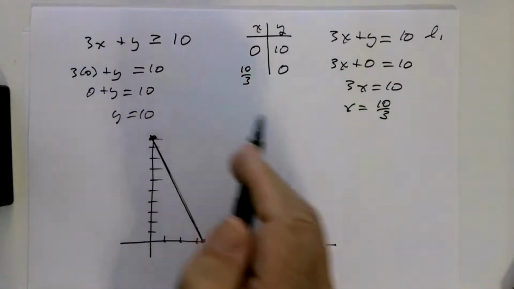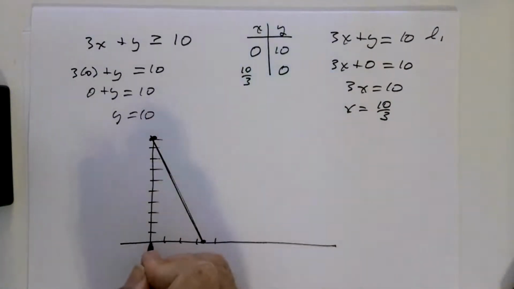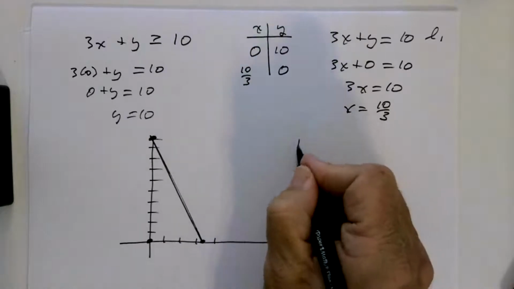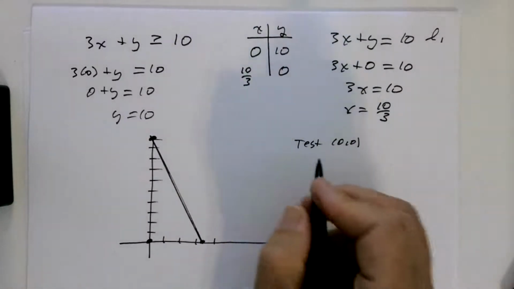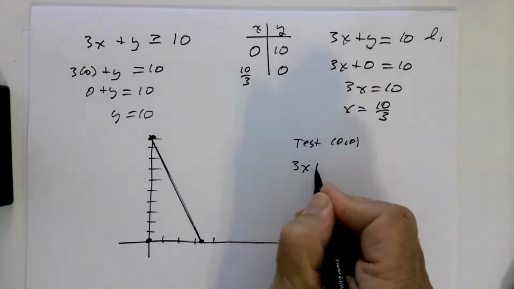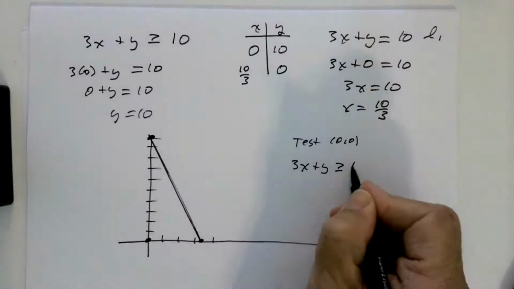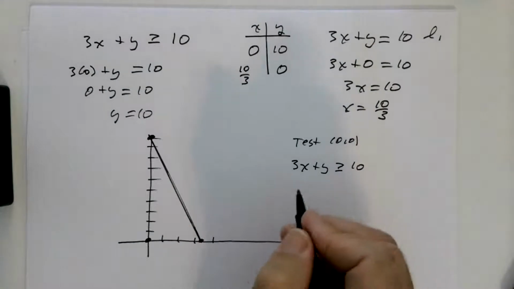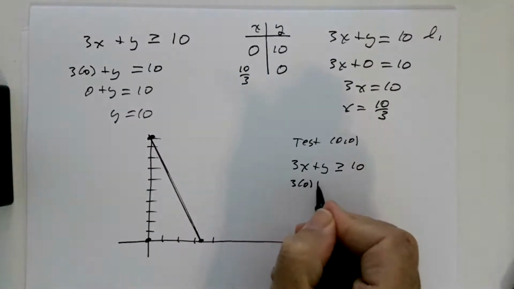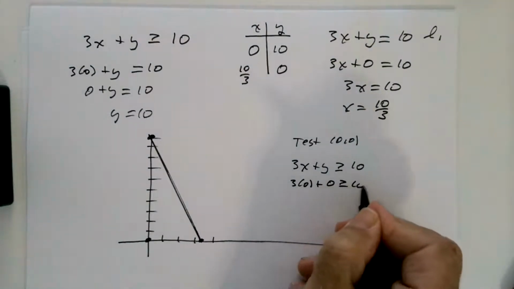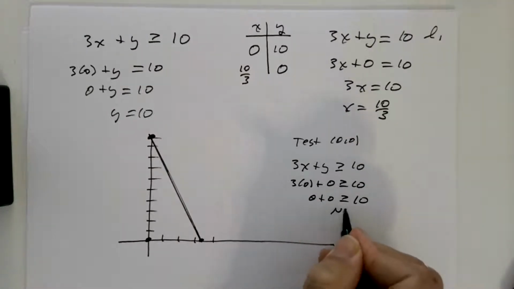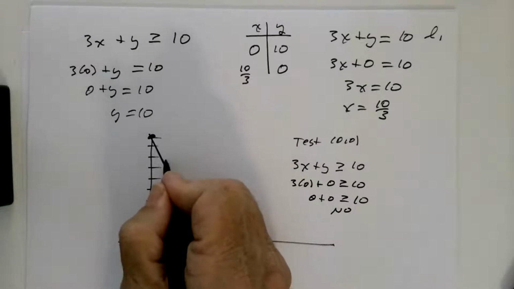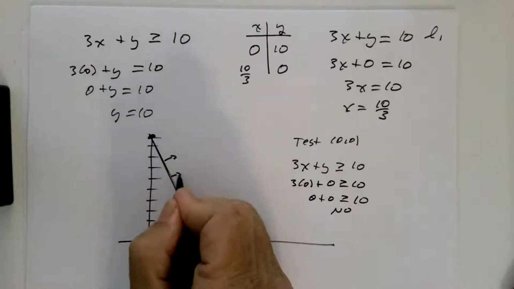And we're going to check to see which way we shade. So we're going to check 0, 0, our favorite point, to see which way this is going to be shaded. So we have 3x plus y greater or equal to 10. Plugging in 0: 3 times 0 plus 0 greater or equal 10. 0 plus 0 greater or equal 10. No. So we're not shading towards 0. We're shading away from 0, 0.